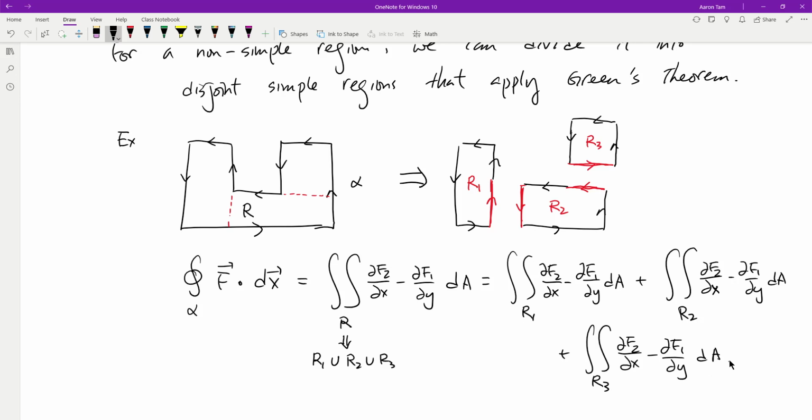So this allows me to split the region R into three separate Riemann integrals and then evaluate each one individually.